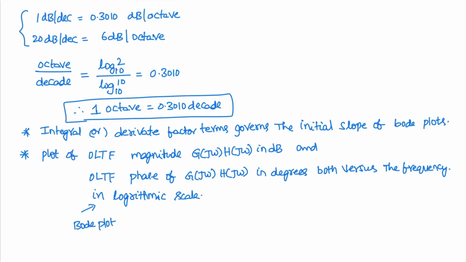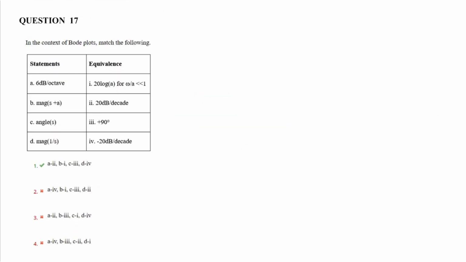Bode plot is the plot of open loop transfer function magnitude and phase in degrees versus frequency in logarithmic scale. Next, 6 dB per octave is equivalent to 20 dB per decade. Magnitude of (s plus a) related to Bode plots: replace s with j omega. Sinusoidal transfer function is a plus j omega.